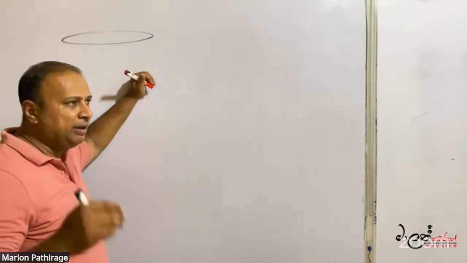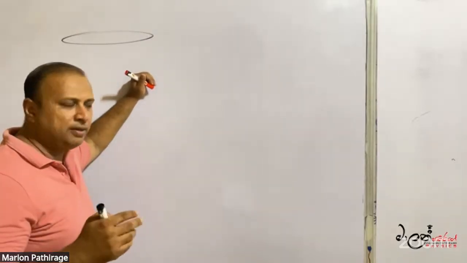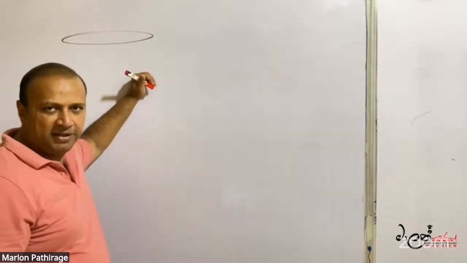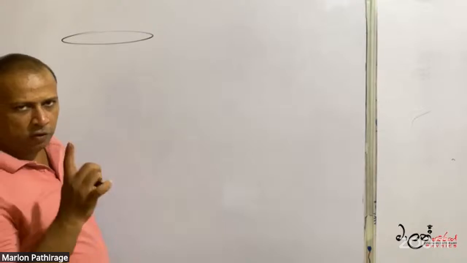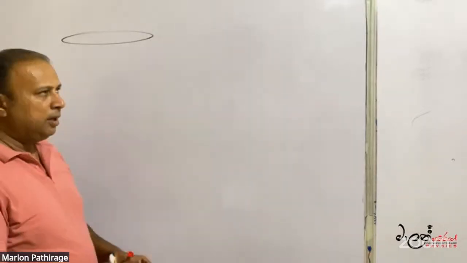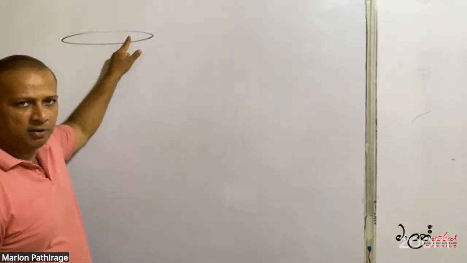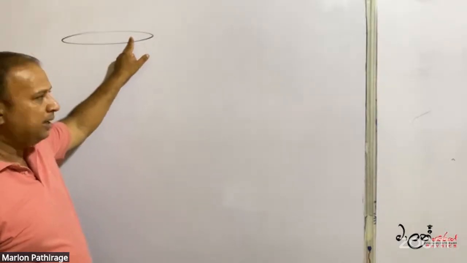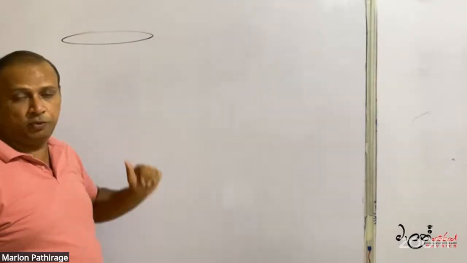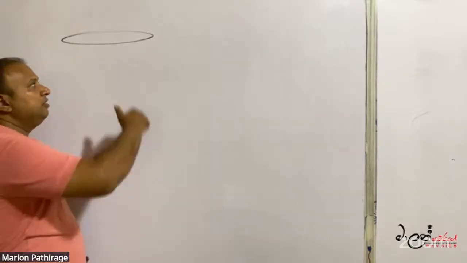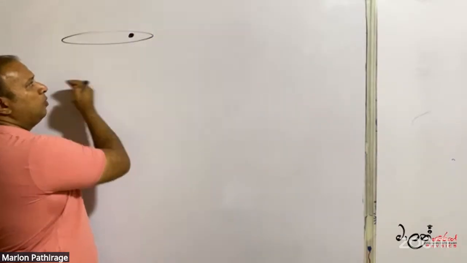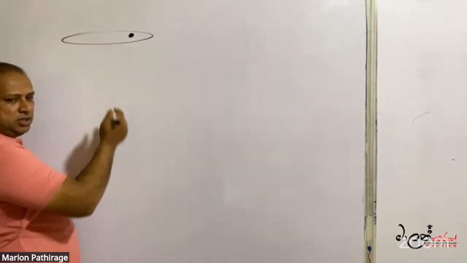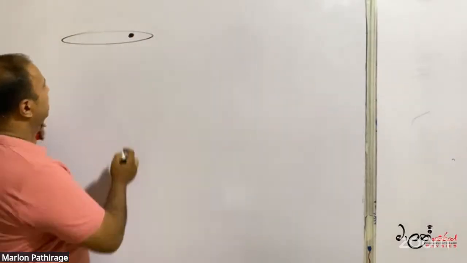First, I will do this one in a shorter way, then I will explain to you. Now there is an object here on a disk. On this disk, there is an object here. Now the entire system rotates about this axis.